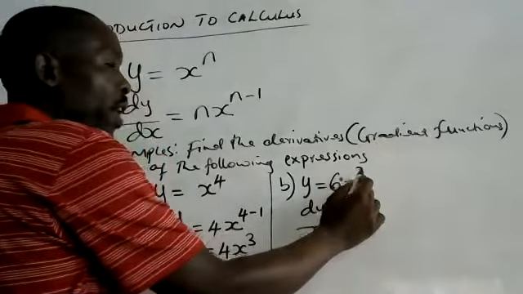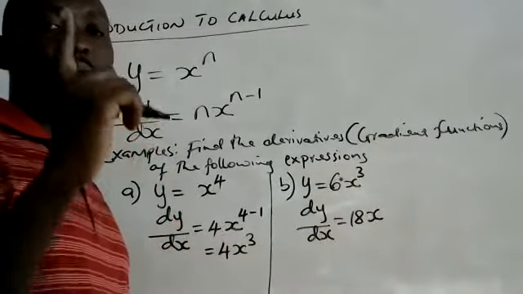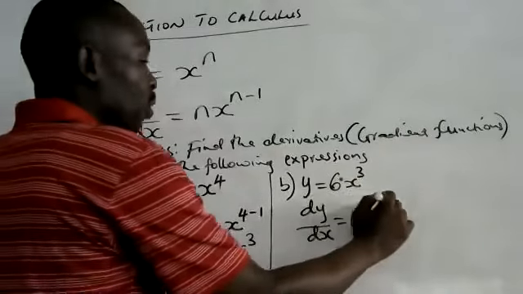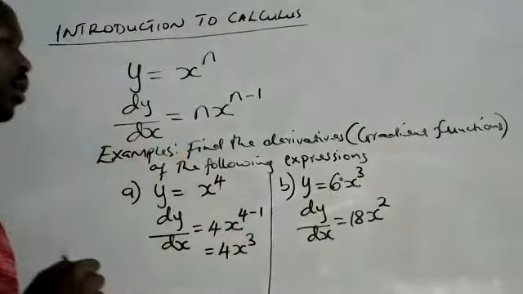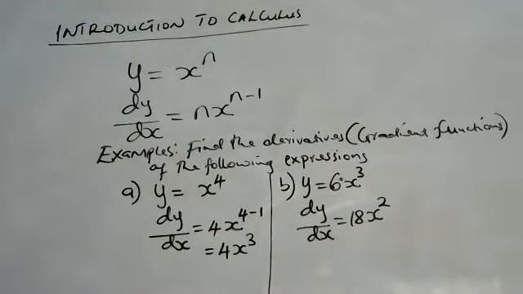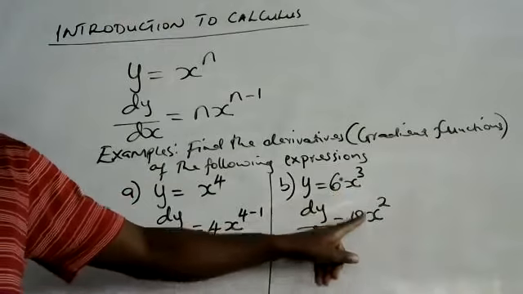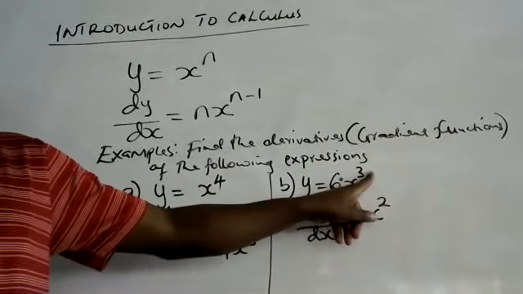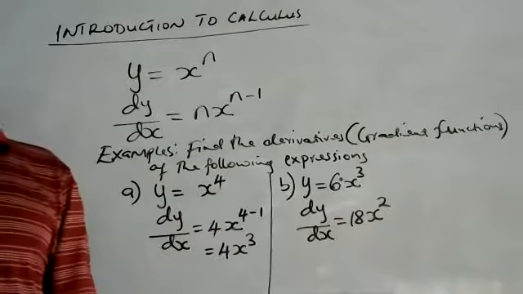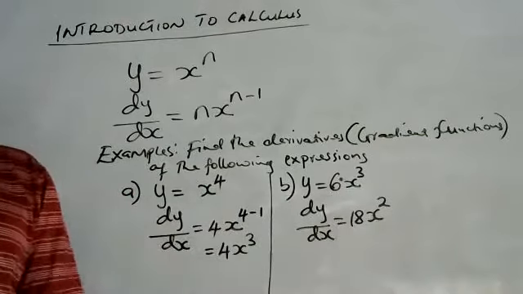The power of x, which is 3, we reduce it by 1. Now it is going to be power 2. So 3 multiplies 6 to be 18, and then that power of x, which is 3, we minus 1 from it to get the power to be 2.